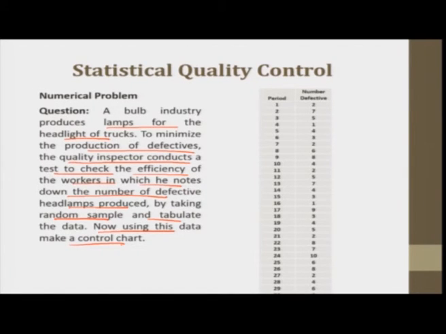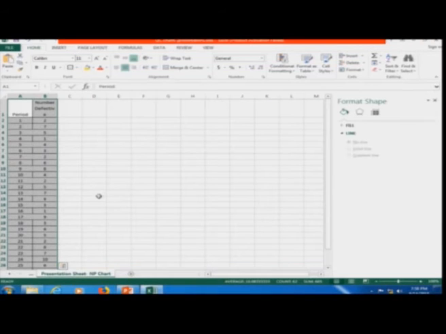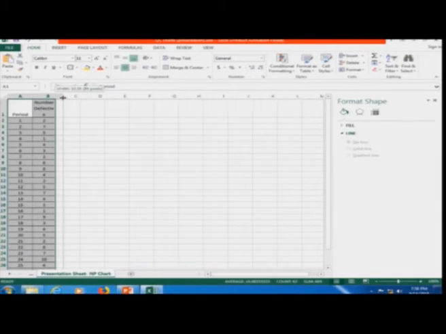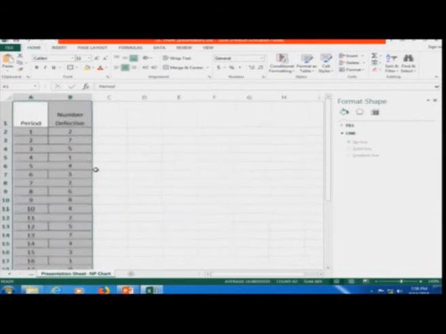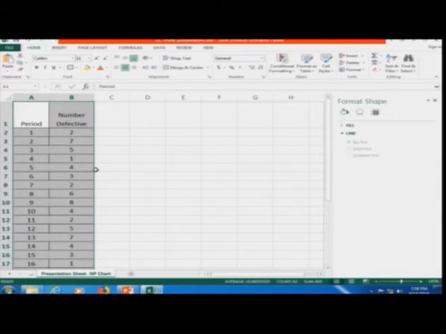The control chart that we will make here is an NP chart. So the number of defectives is given, and the period when he took the sample is given. I will just export this to my Excel sheet, and we have the number of defectives and the period when the reading is taken. For the NP chart, we need to calculate the value of NP bar.